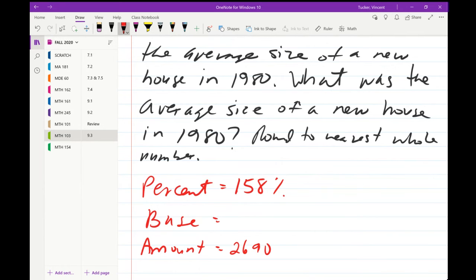Going back here, your amount is a percent of the base.